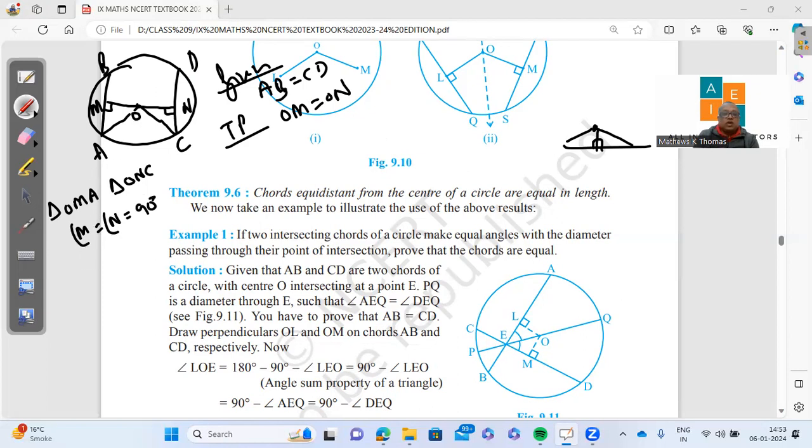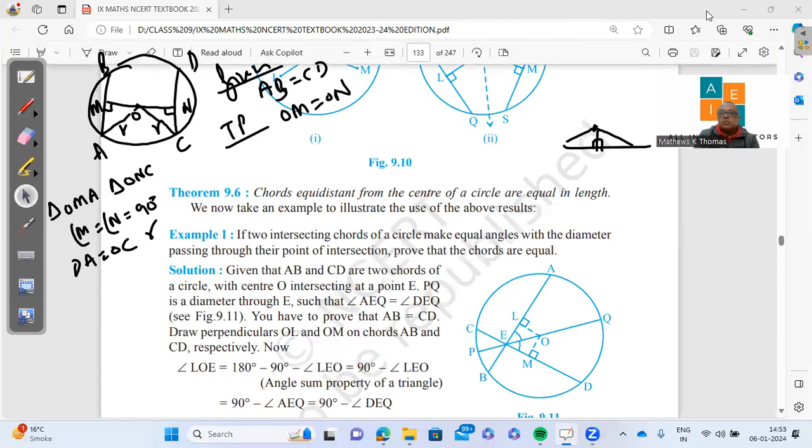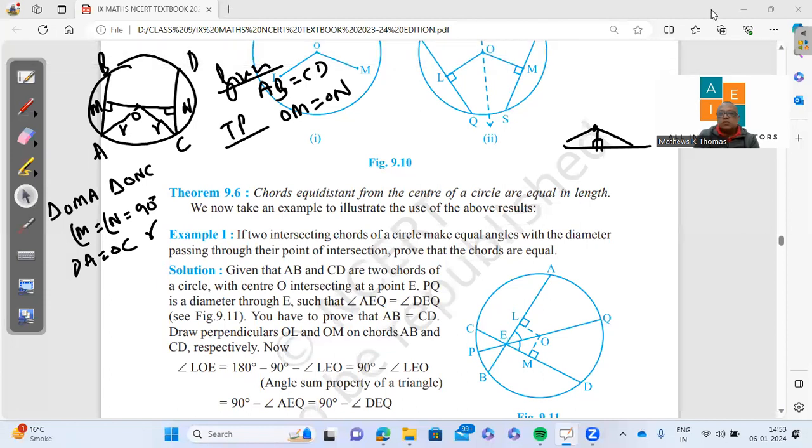Second condition, OA and OC are equal, radius. OA is radius, OC is radius. Both of them are equal to each other. Third condition, just now we said that if chords AB and CD are equal, the perpendicular bisects the chord.